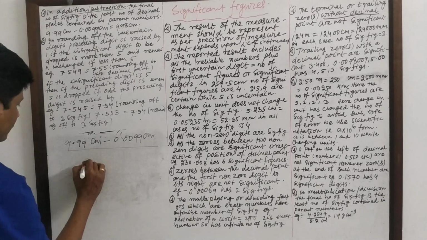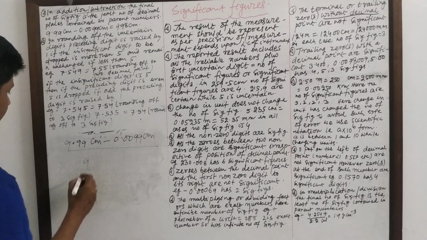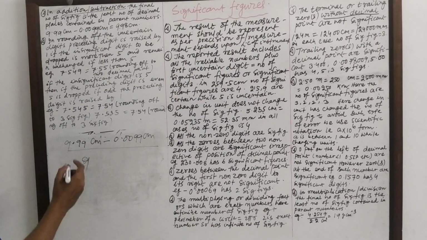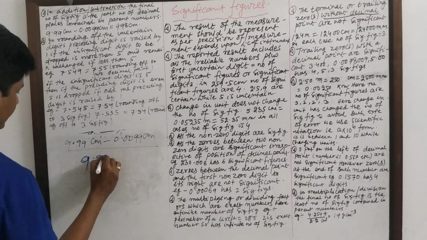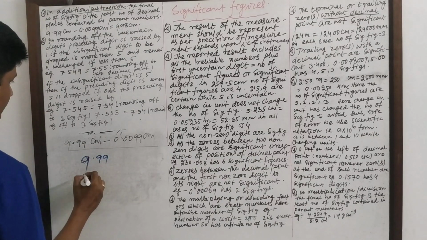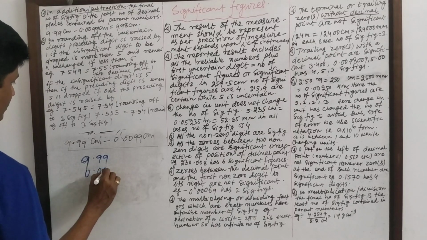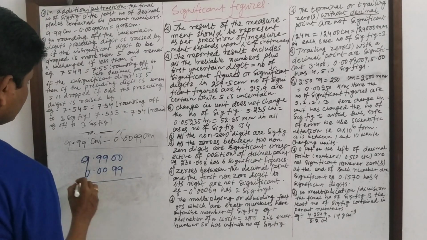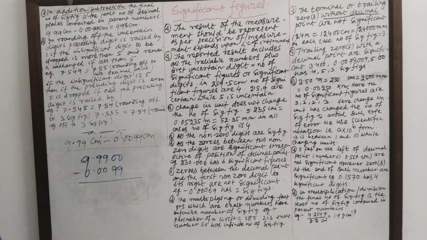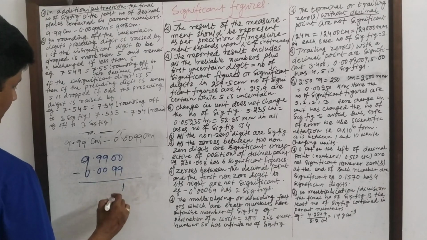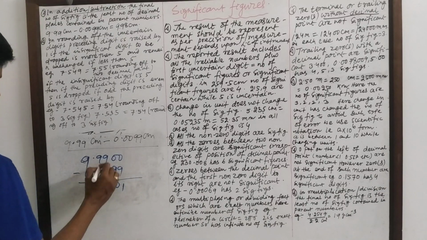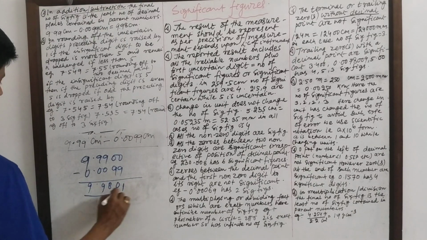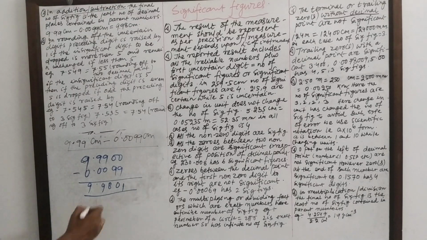Now 9.99, we have to subtract 0.0099. Two zeros are here. Now we have to subtract it. This is 1, this is 0, this is 8, this is 9. This is the result.